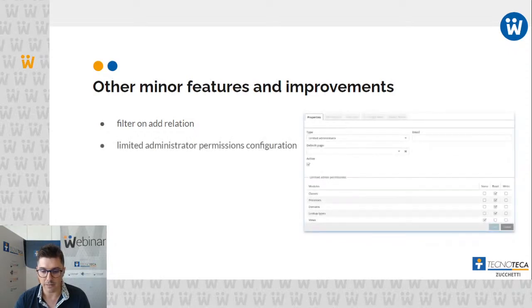Then we have added the page to configure the limited administration permissions. The limited administration was already present in the previous versions, but was missing a page where to configure the permissions. And now in this version, we have added also this page.